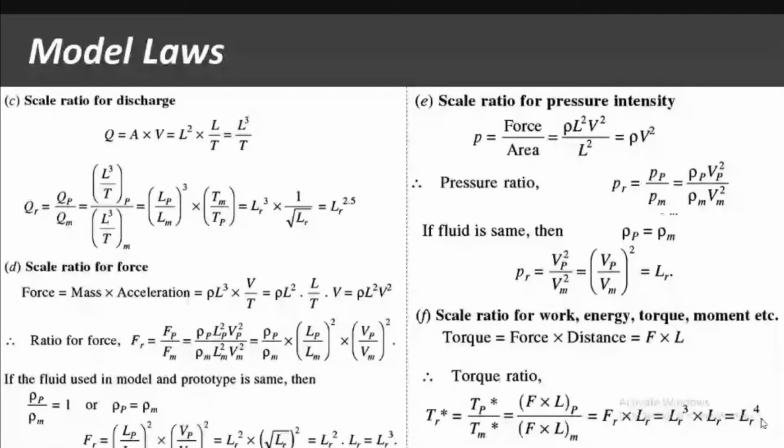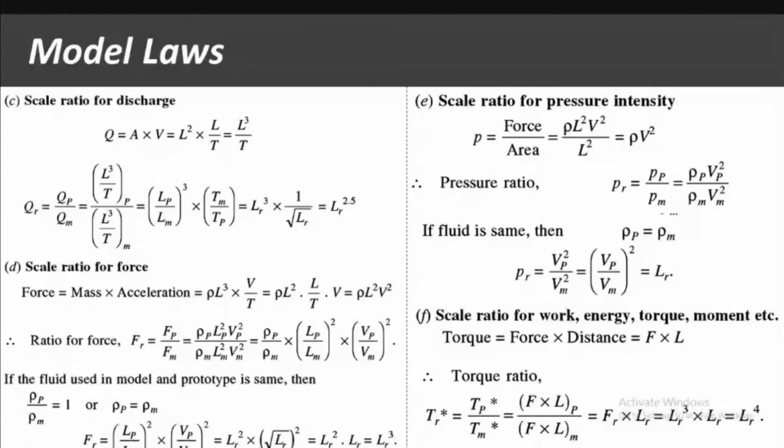Okay. See, as far as आपको ये डेरिवेशन याद नहीं रखने, बट सिंपल डेरिवेशन है, आप इसको लॉजिकली याद रख सकते हो. ओके. सो आप इसको 2-3 बार प्रैक्टिस करोगे घर पे तो आपको याद हो जाएंगे. एंड इसके ऊपर एमसीक्यूज आ सकते हैं. ओके. सो रिमेंबर they can ask you like this: in Weber model, the force ratio is given by, there will be four options: LR, LR square, LR cube, LR to the power 4.